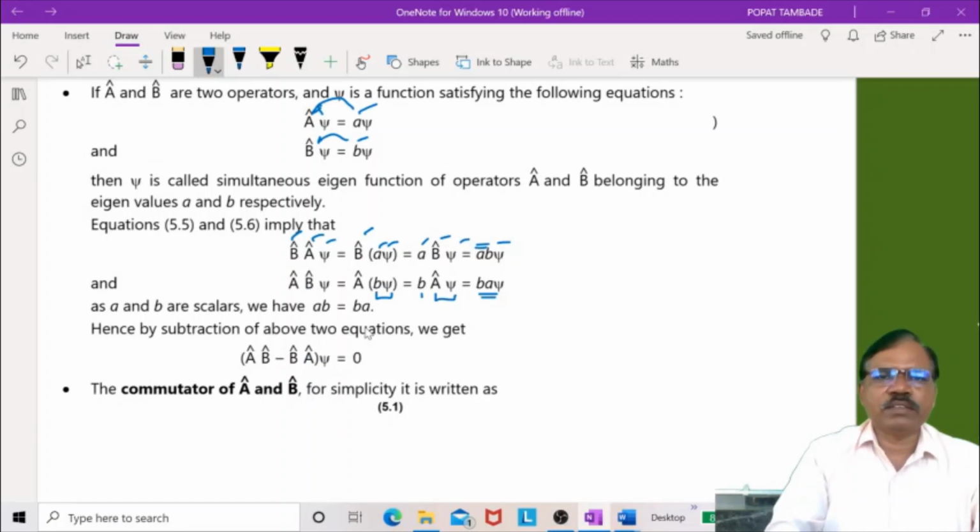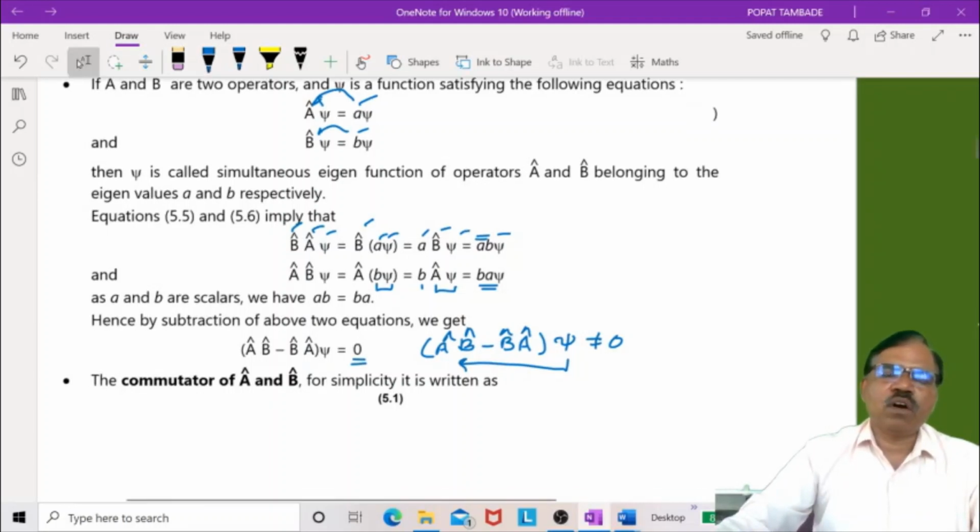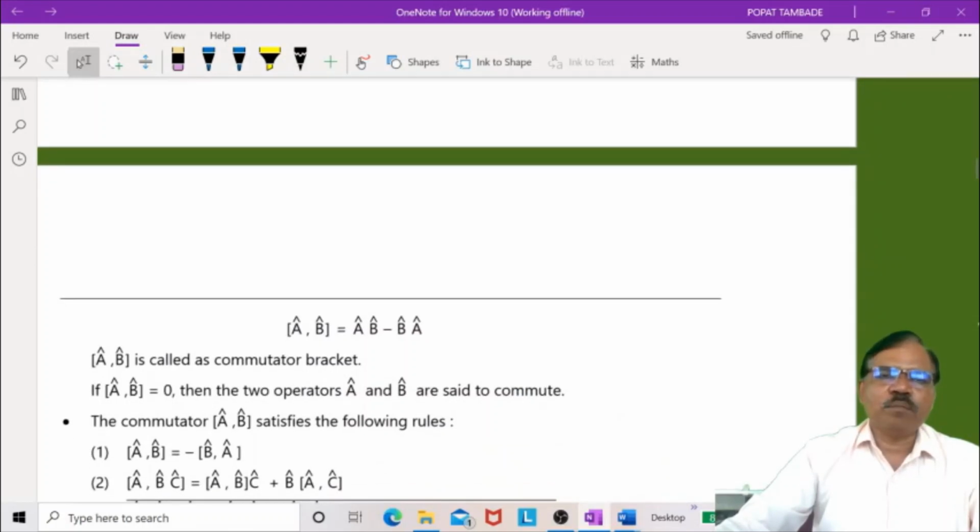And if we take the subtraction of this, and if that subtraction satisfies this equation, means (AB minus BA) operating on psi is equal to 0, then psi is called a simultaneous eigenfunction of A and B. But if (AB minus BA) operating on psi is not equal to 0, then psi is not a simultaneous eigenfunction of A and B. Now this relation AB minus BA is called the commutator bracket, and it is simply written as commutator bracket [A, B] is equal to AB minus BA.